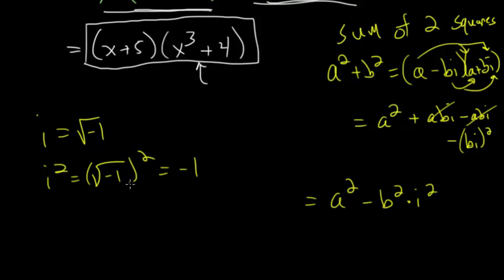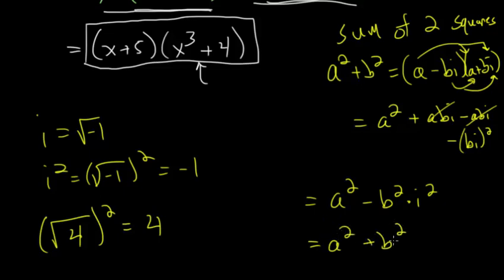They cancel each other. It's essentially like multiplying by 2 and then dividing by 2. You just get back what you started with. And you can see this is true for other numbers. If you have the square root of 4 and you square that, well, the square root of 4 is 2. 2 squared is 4. You get back what you started with. And so this i squared being negative 1, we'll flip this back to a positive.